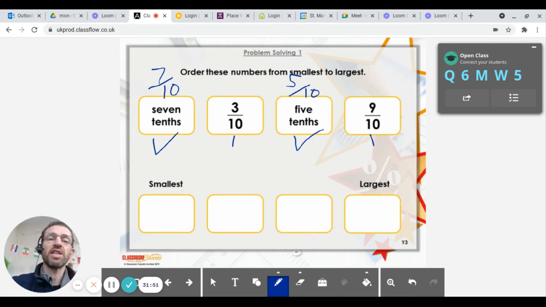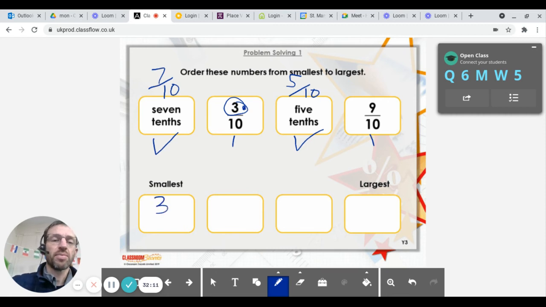Now I can compare 7/10, 3/10, 5/10, 9/10. It's quite straightforward to see that they're all tenths. So we're going to start with 3 as the smallest number here. 3, and I've got a 7 and a 5 and a 9. 5 comes next.